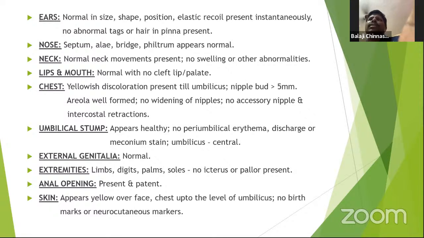Then arm recoil: you release the hand and it goes back very quickly in term babies, but in preterm it is not going to go back so easily. Once you release, it will just stay extended. So arm recoil, scarf sign, and popliteal angle, which will be acute. That will be your neurological criteria.